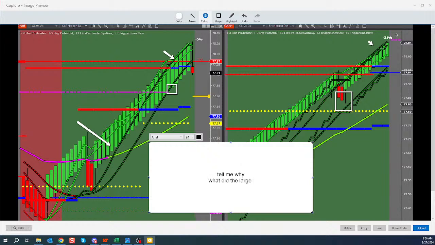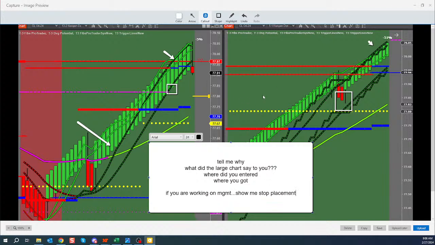What did the large chart say to you? What are your reasons for taking that trade? Show me where you entered. Show me where you got out. If you are working on management, show me stop placement, where you were trying to protect your profits.